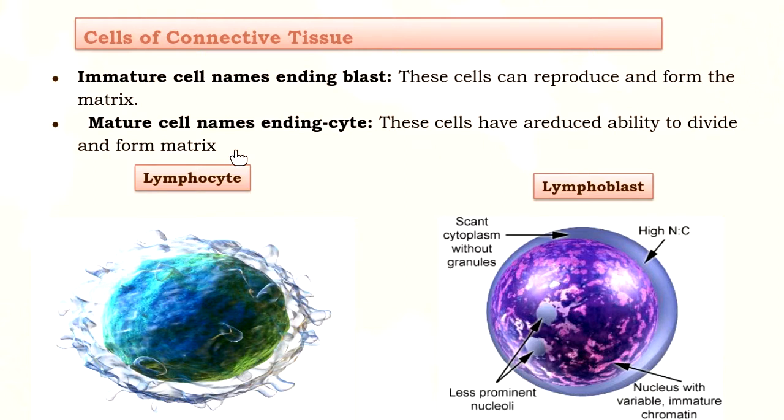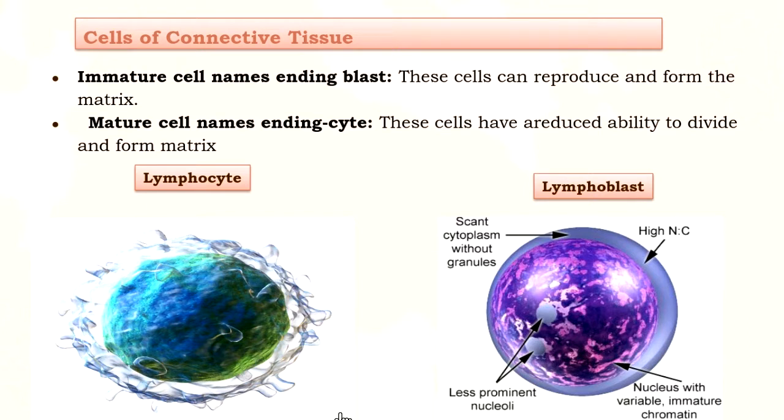That means blast cells, that is immature cells, will have more ability to divide and form matrix, whereas lymphocytes will have comparatively less ability to divide and form the matrix. That means more active cells are blast cells, that is immature cells, and comparatively inactive cells are the cyte cells, that is mature cells.